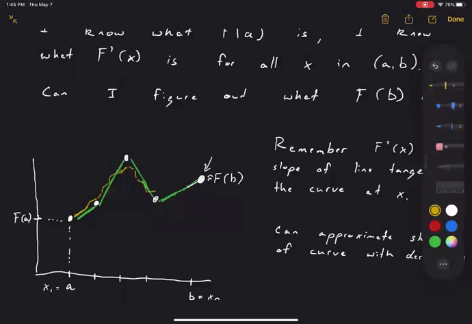So I get a bit more detail in my curve. And maybe when I do that, I get a bit better approximation where my point F(b) is there. If I add more and more points, I get a better and better approximation. Let's say eventually I add just a ton of points and I see that my curve looks something like this red line here.